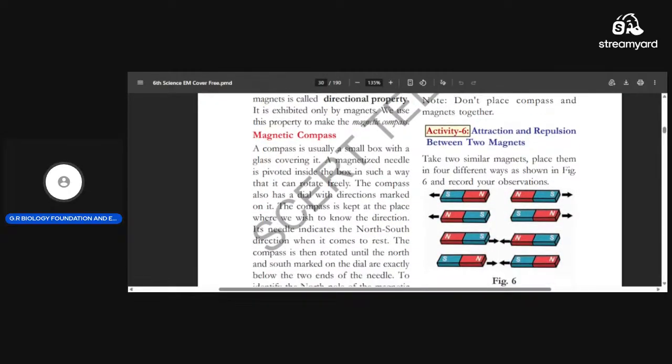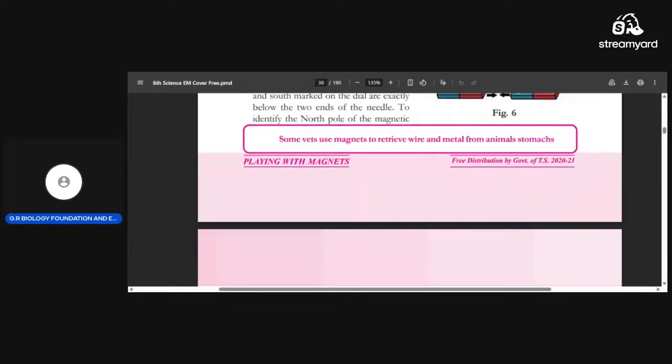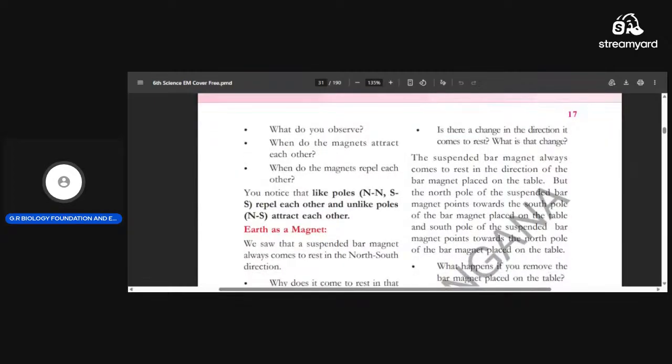So here we will learn about attraction and repulsion between two magnets. Unlike poles attract, like poles repel, which means north-north repulsion, south-south repulsion, south-north attraction. That is the property of a magnet. What do you observe?